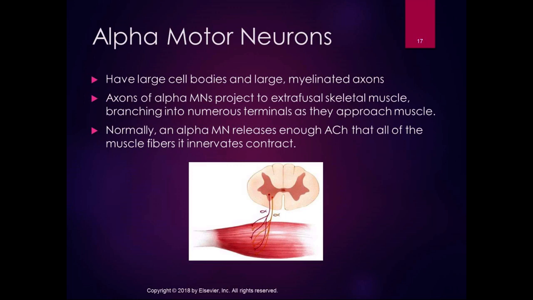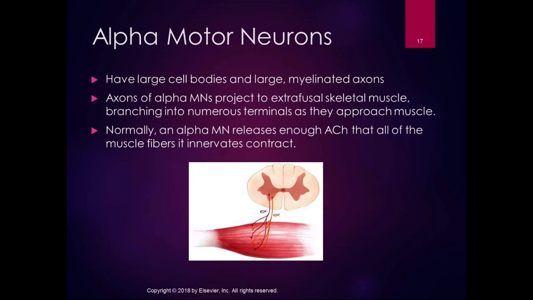At the neuromuscular junction, it's always an excitatory response. Normally an alpha motor neuron releases enough acetylcholine that all of the muscle fibers it innervates contract together as a team.